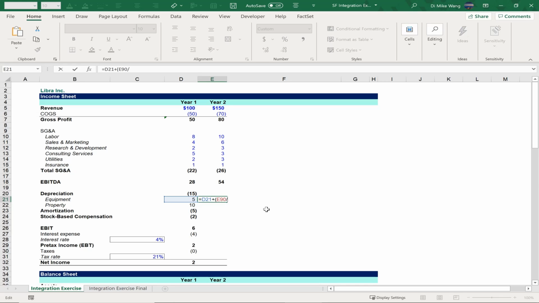So that divided by useful life of 10 years times 6 divided by 12, since it's only going to be depreciating for half a year. And so far you have 5. That number will reflect and change once we fill out our cash flow statement.